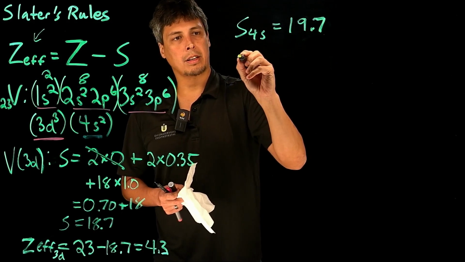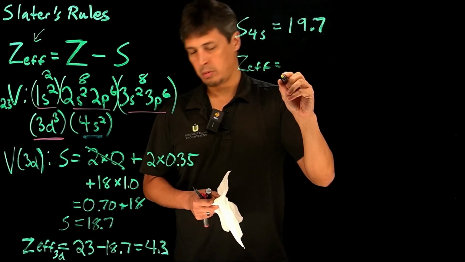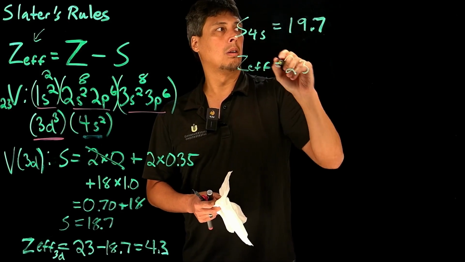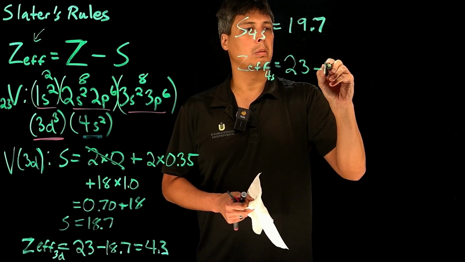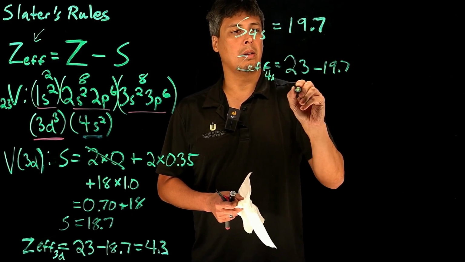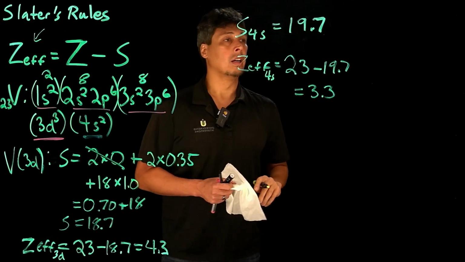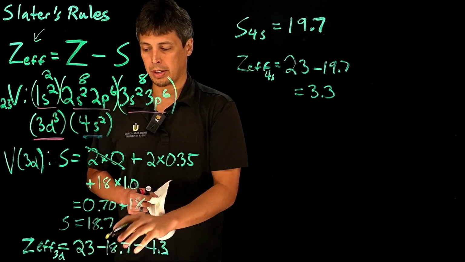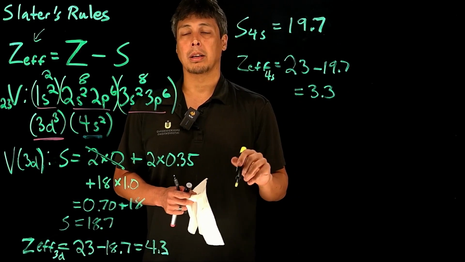And so the Z effective will be equal to, again, 23 minus 19.7, and that'll equal 3.3. And so what you'll see then is that the effective nuclear charge on a 3d electron is going to be higher than the effective nuclear charge on a 4s electron in vanadium.